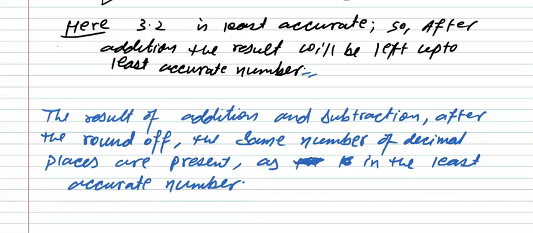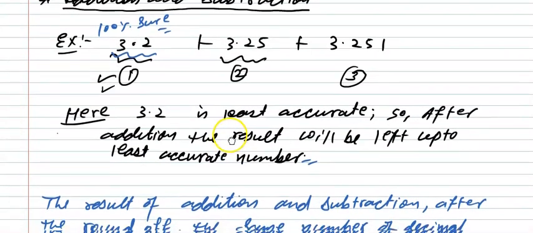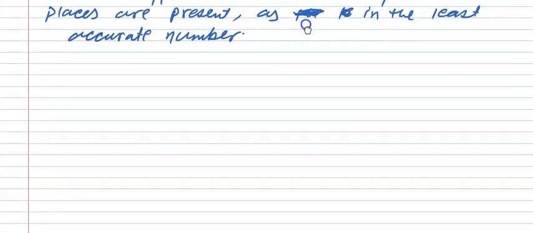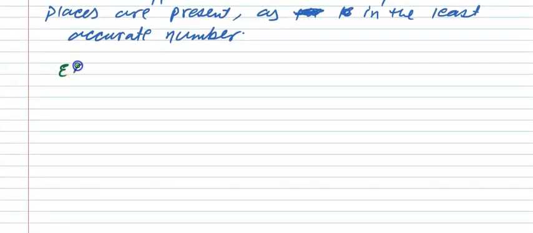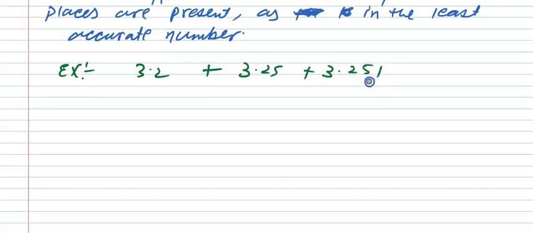So let us take the example. Just take this example: you have to add 3.2 plus 3.25 plus 3.251. Add these numbers, everyone. First of all, you have to do the simple addition.